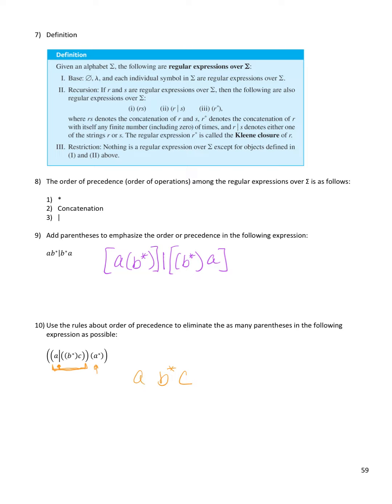So I do A or the other option, and then concatenate with A star. That was the only set of parentheses I needed to preserve, to make sure I did this before I concatenated with A star, as the parentheses indicate.